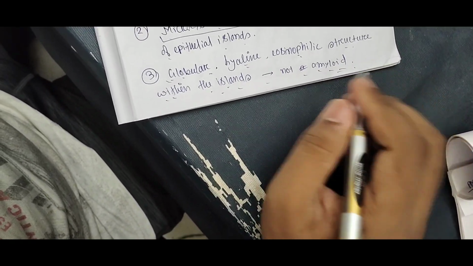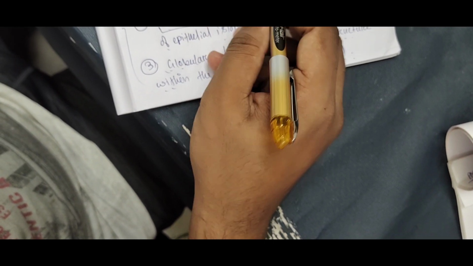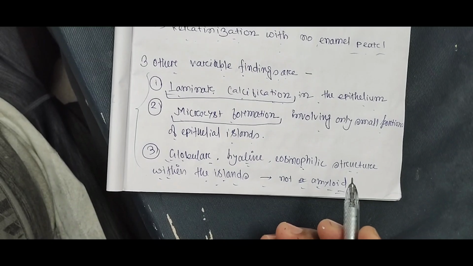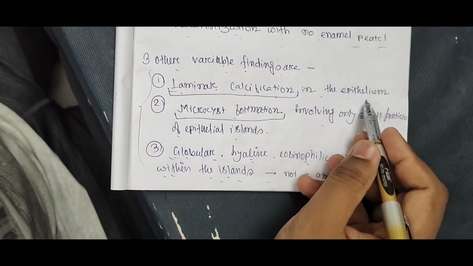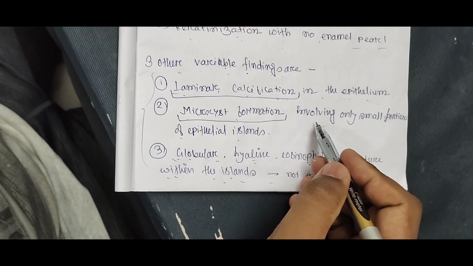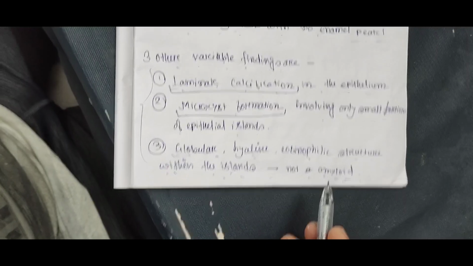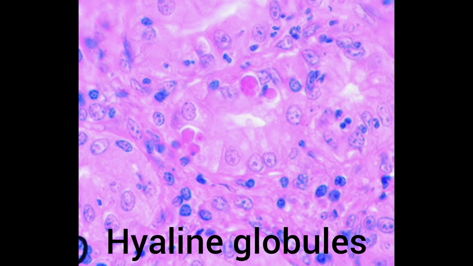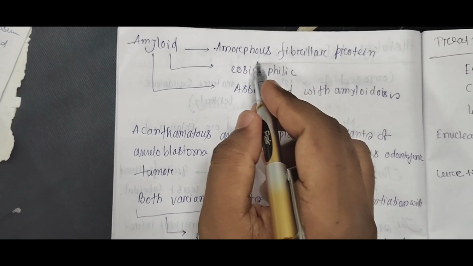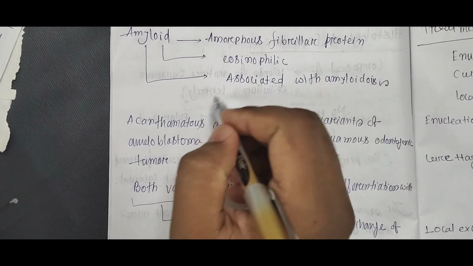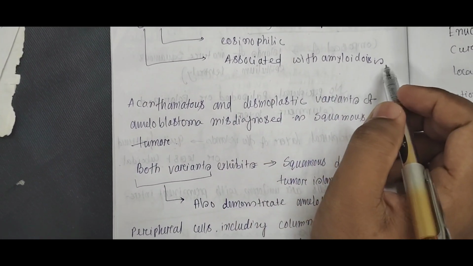These are not amyloid. These three are other variable findings. What is amyloid? Amyloid is an amorphous fibrillar protein. It is eosinophilic. It is associated with amyloidosis.